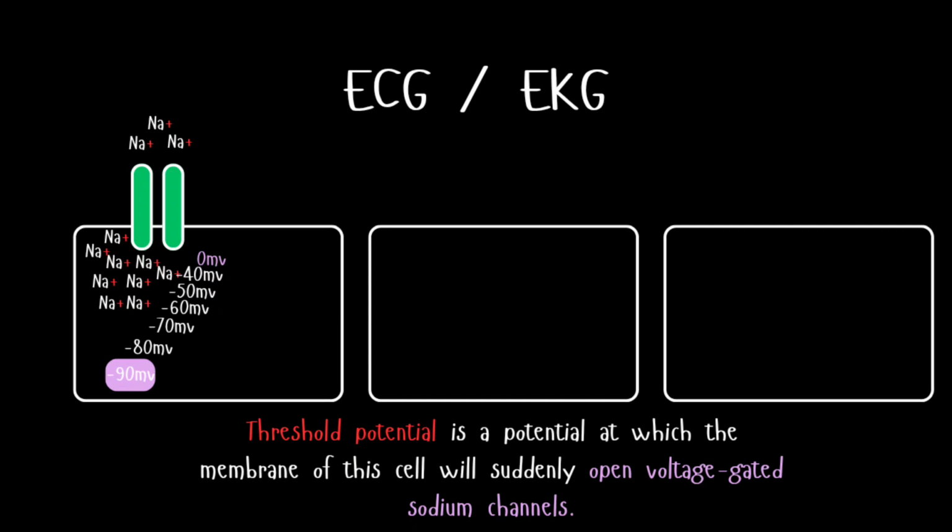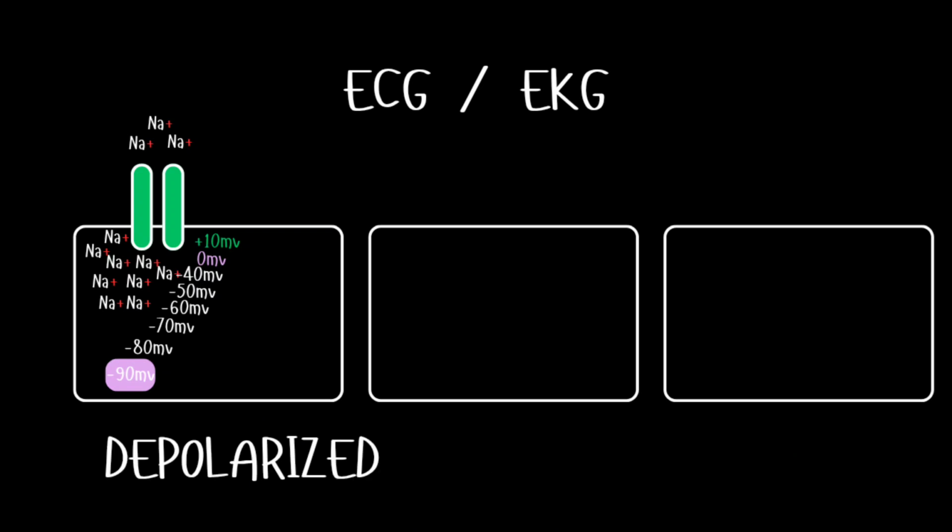Initially, it is losing the electronegativity, and eventually it may become positive. So once the voltage-gated sodium channels open, a lot of sodium comes in. This movement of sodium inside neutralizes the resting membrane potential and takes it towards electropositivity, and we say the membrane, which was previously negatively polarized, has lost its negative polarity. Or we simply say the membrane is depolarized.